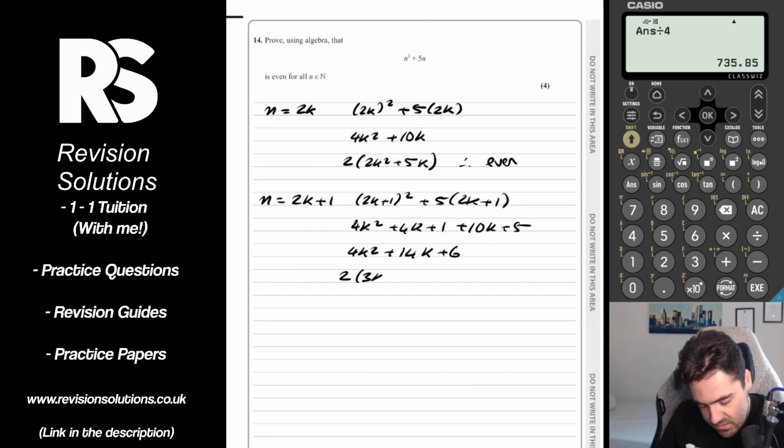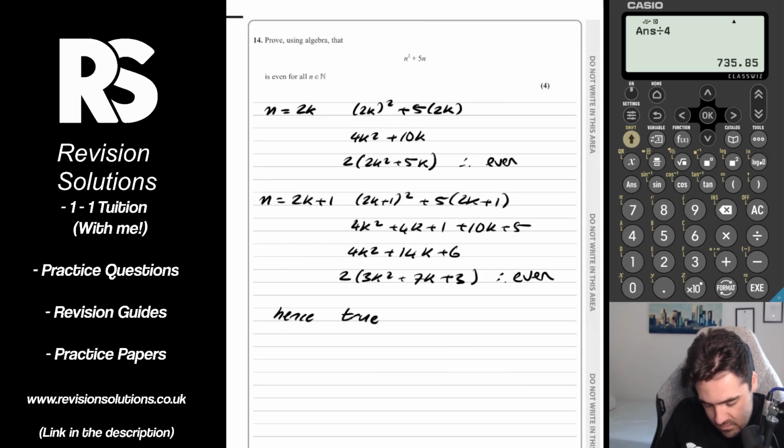So that would be 2 lots of 2k squared plus 7k plus 3. And again, if this is a multiple of 2, then it must be even. So we'd say hence true for the natural numbers as true for all evens and odds.